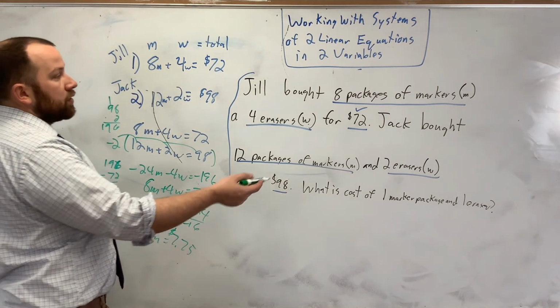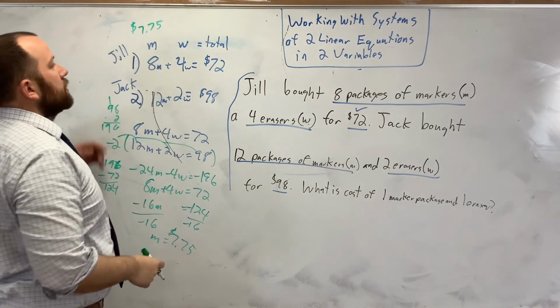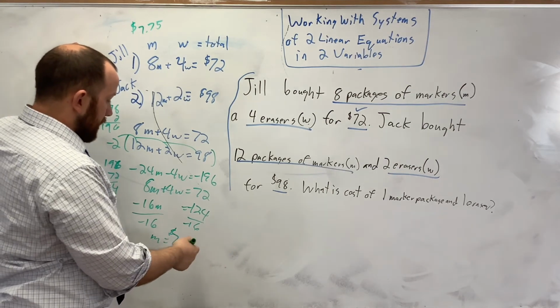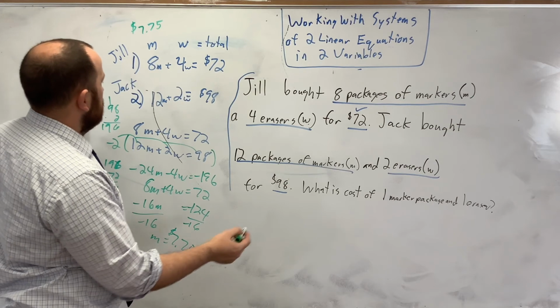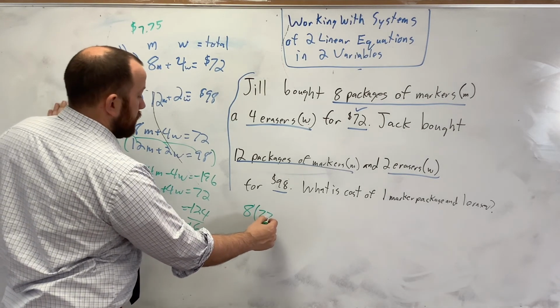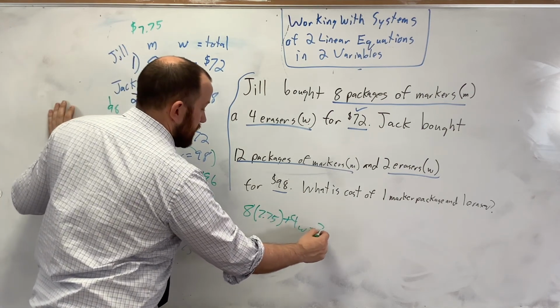So one package of markers is $7.75. So I plug that back in, and I can figure out what my W is now. If I want to know how much my erasers are, 7.75 plus 4W equals 72.